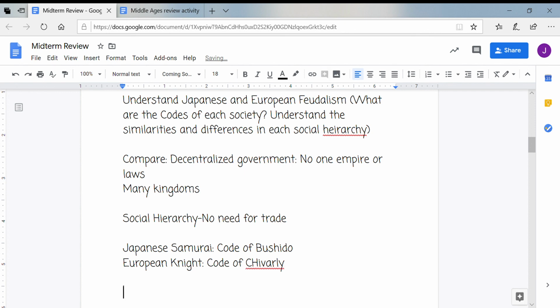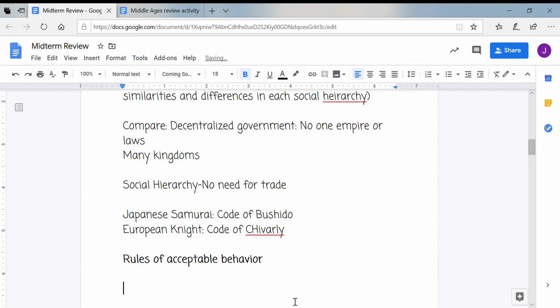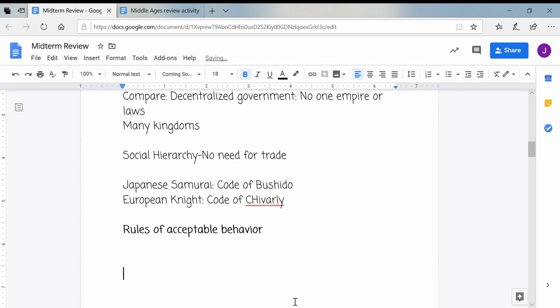And what these both mean is that they're just rules of acceptable behavior. And that's important to understand. So even though these rules are different, even though they had different warriors, they both had rules of acceptable behavior. That's why I bolded it. You have to know that. Very important.